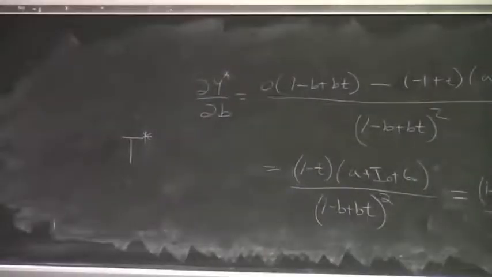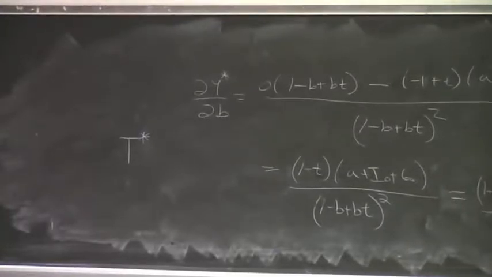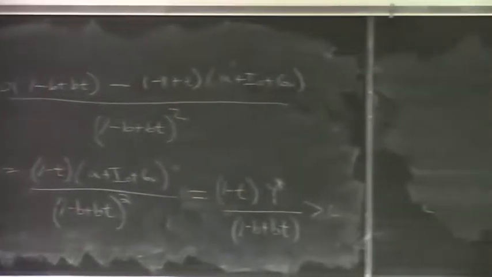See, ultimately, our goal is to get an expression for T star expressed in terms of parameters and exogenous variables. Okay, that would be the first step. Now, a quick way of doing that, since we know what Y star is, what is T star going to be? What's the expression for T star going to be? I'm just trying to save us a few steps.